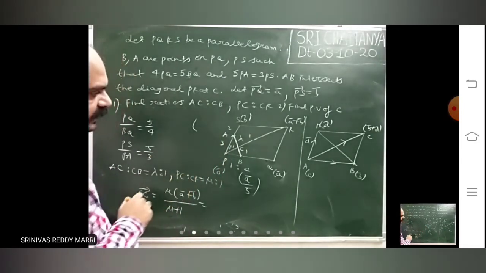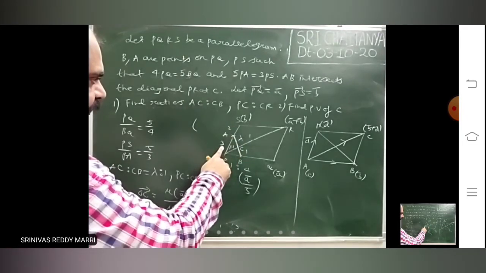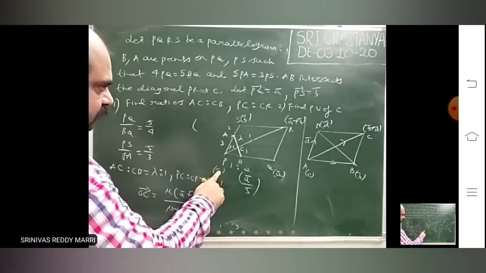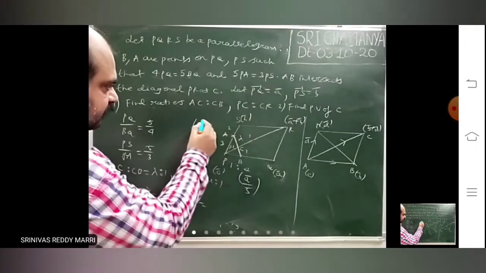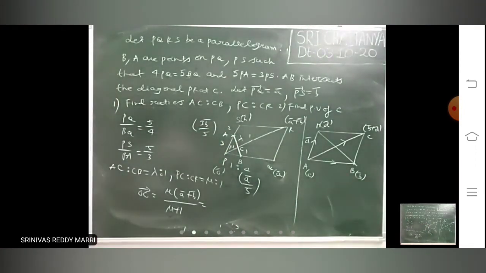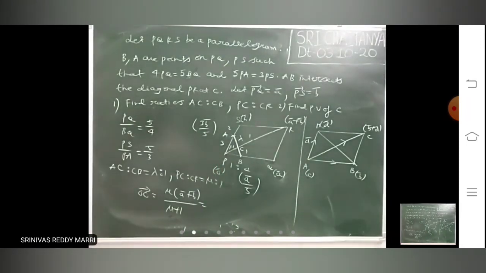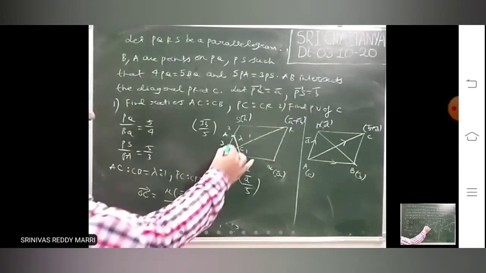A is dividing in the ratio 2 is to 3. So 2 into 0 plus 3 into B bar divided by 2 plus 3, 5. So this is A bar by 5, this is 3B bar by 5. That means what you will get?